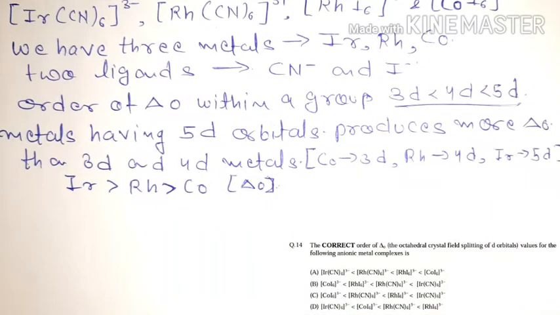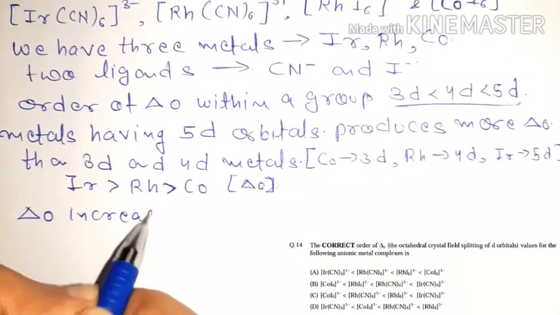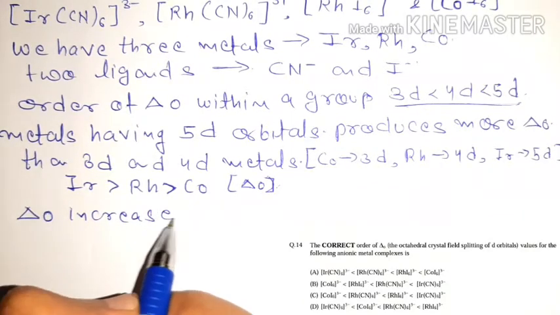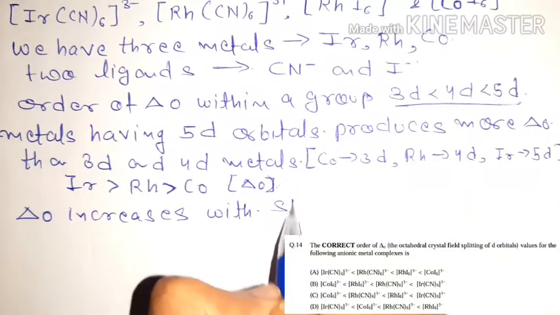Okay, now how can we relate delta O with ligand strength? We know the relation that delta O increases with strong field ligand or strong ligand.